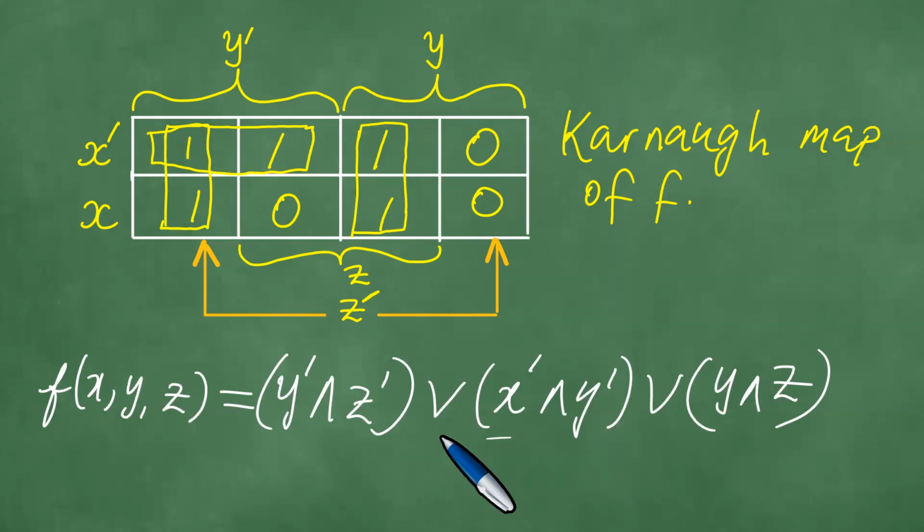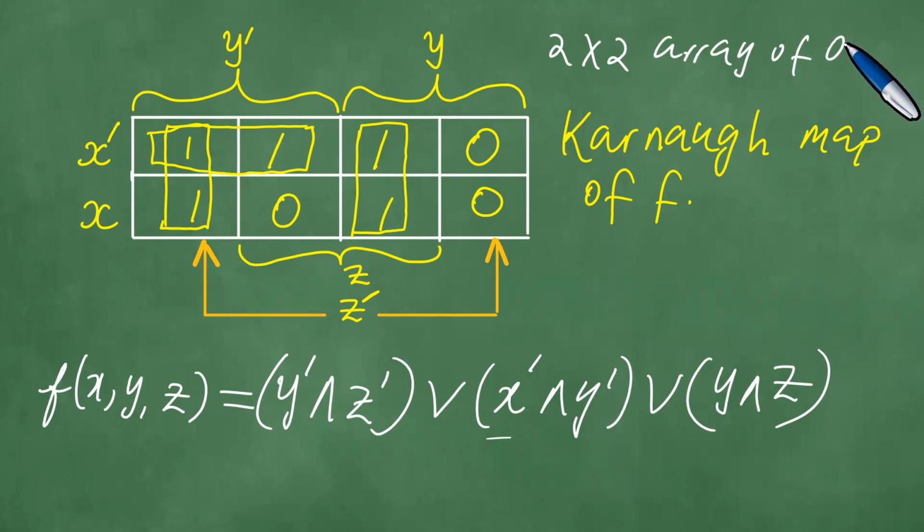And also, in this case, this Karnaugh map has 2 rows, 1, 2, and 1, 2, 3, 4. So it is a 2 by 2 array of zeros and ones.